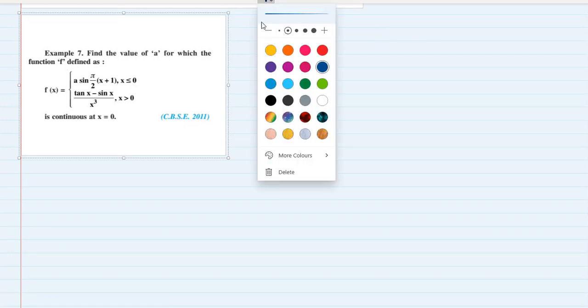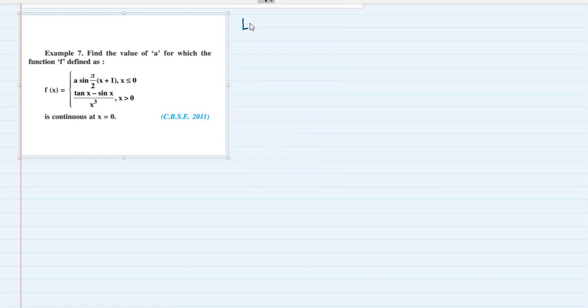LHL, that is your left hand limit, equals limit of f of x when x tends to 0 minus, that is we are approaching 0 from the left hand side. Left hand side, that means we are on a number which is smaller than 0, and whenever we are on the left side of 0 at a number which is smaller than 0, the definition of the function is a sine pi by 2 bracket x plus 1.